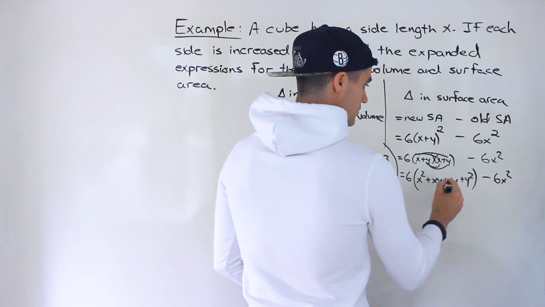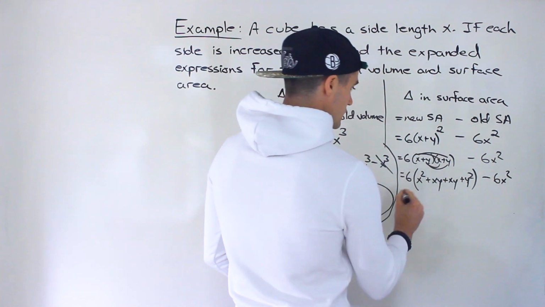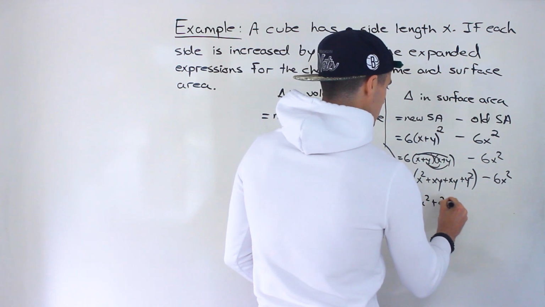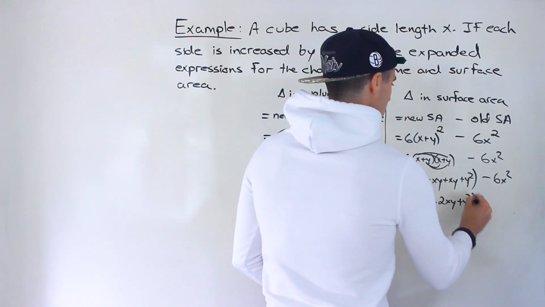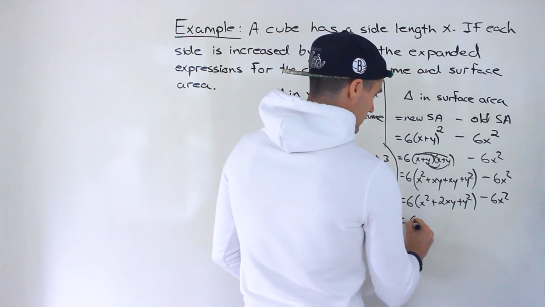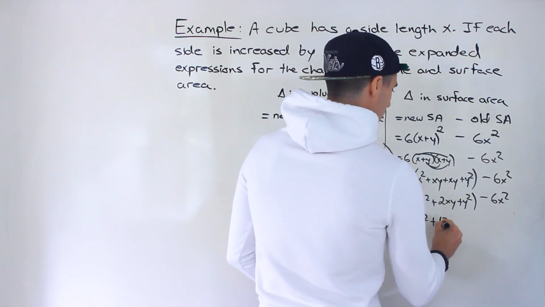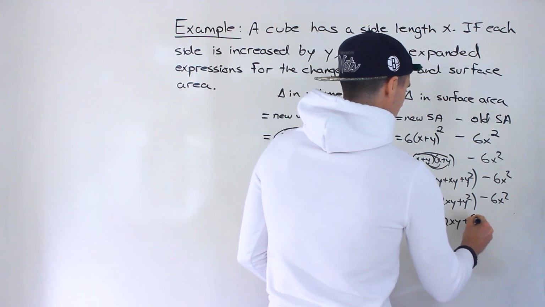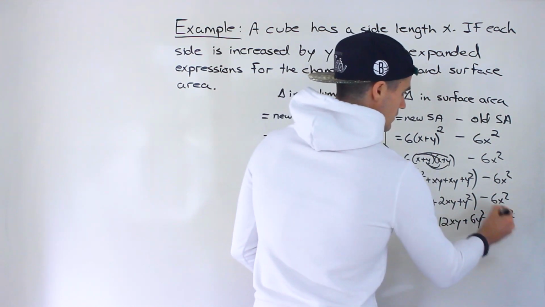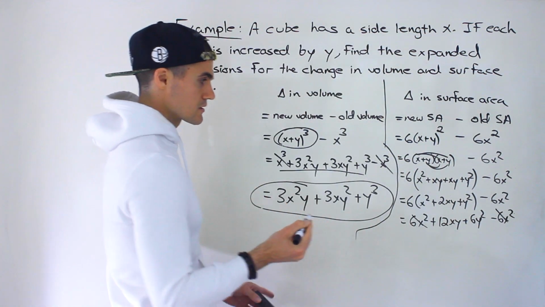Let's distribute, or actually let's simplify this first before distributing the 6 in. Now let's distribute the 6 into everything. And then notice the 6x squareds cancel out.